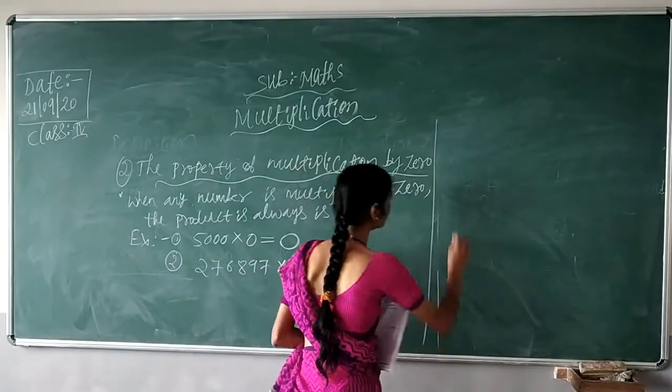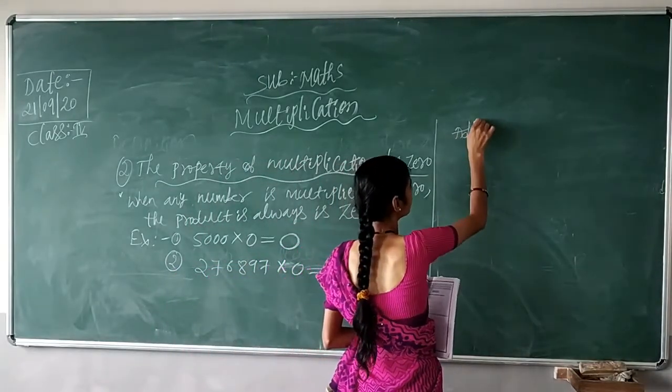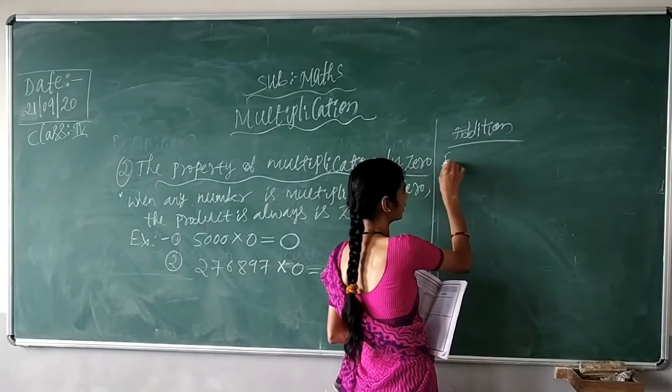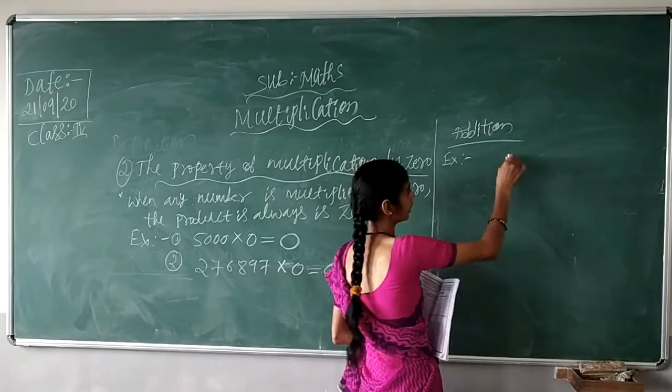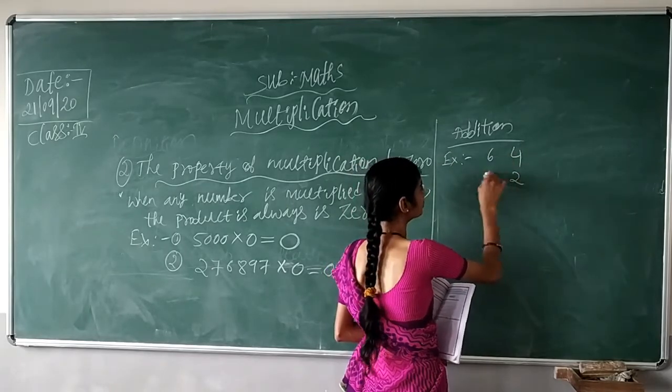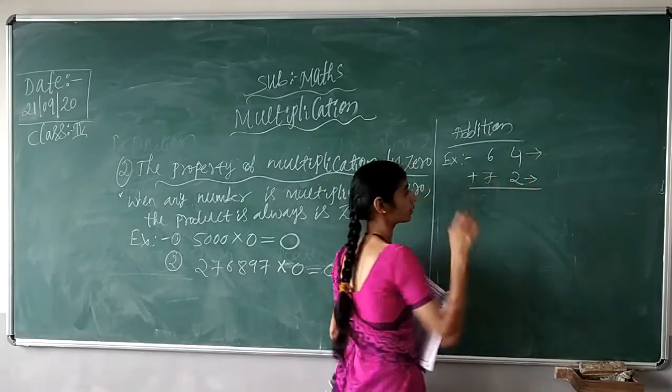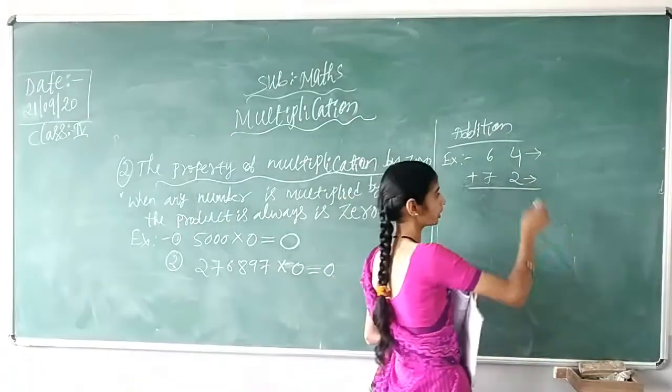So for addition, what are the terms, children? Yes, you can take an example and write the terms, like 4 plus 2 plus 7. What do we call these? I hope you all remember.